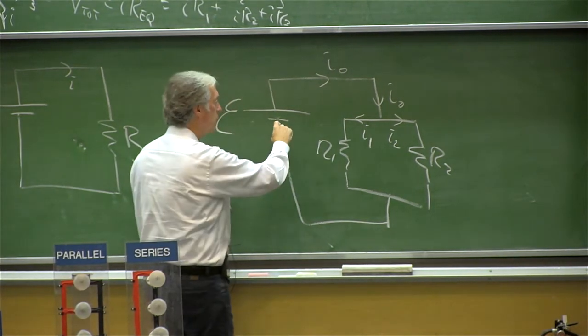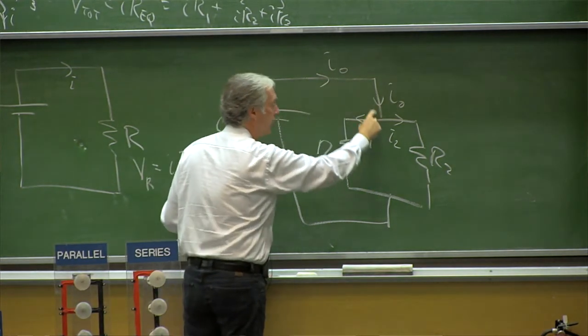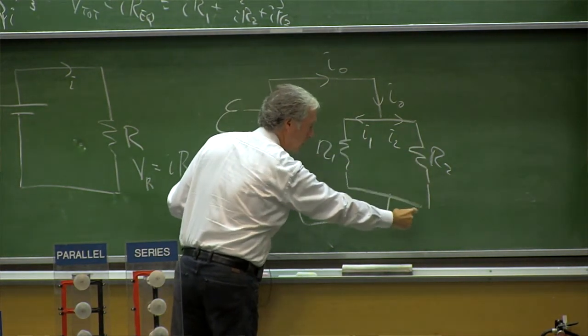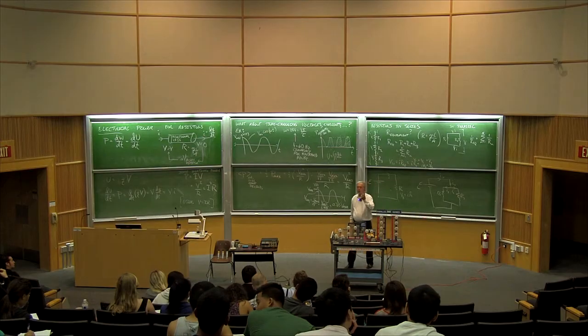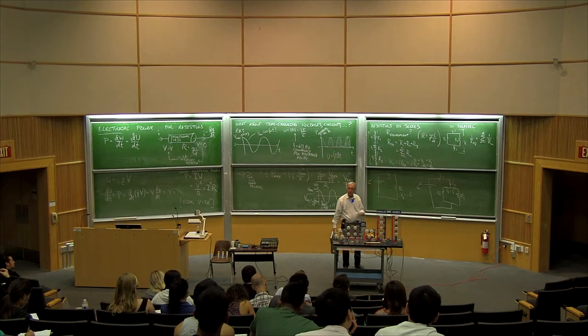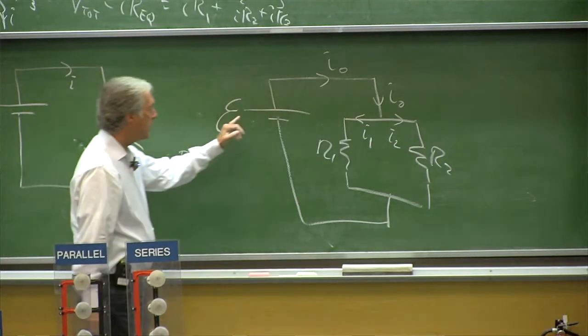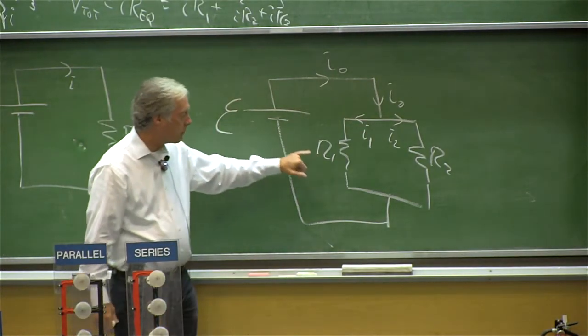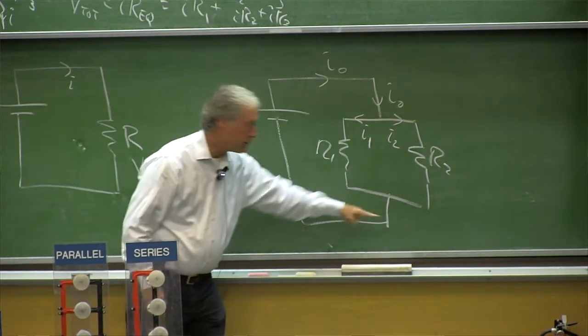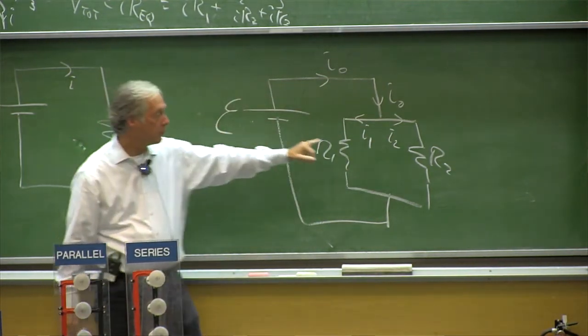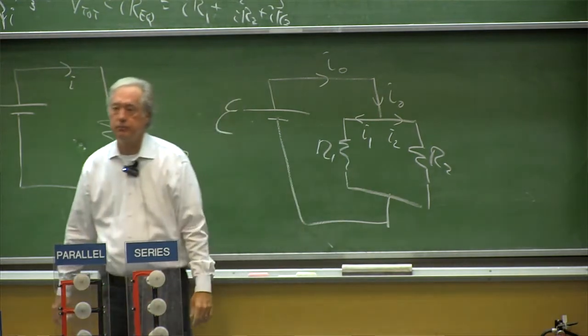Or I could do a loop through the EMF and go along the outside through R2 and back over. That gets me 2 conservation of energy equations. That would tell me, for example, the EMF drop is equal to I1 R1, and by going on the other loop, I also know the EMF drop is equal to I2 R2.